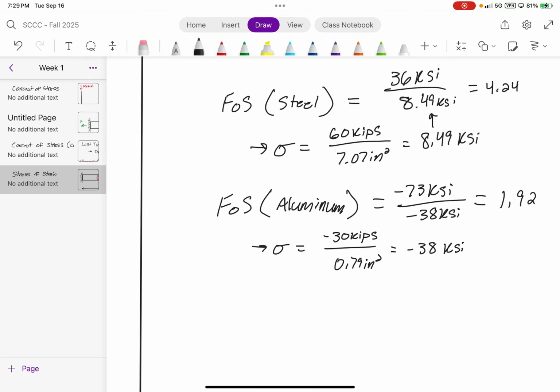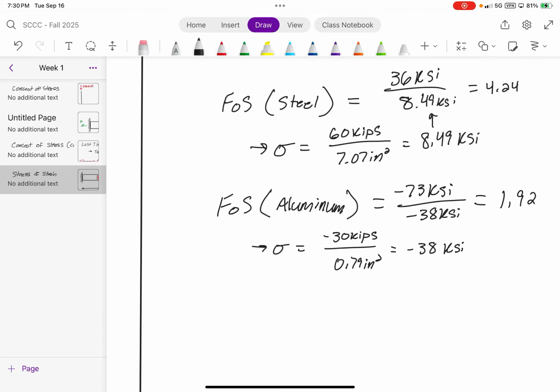Are there any questions about that? Do you guys understand why we put the negative sign? No? The reason being is because I'm just telling you guys to change it to axial, which means that it could be both tension and compression. So a compression would just mean that the yield strength sign would be negative.